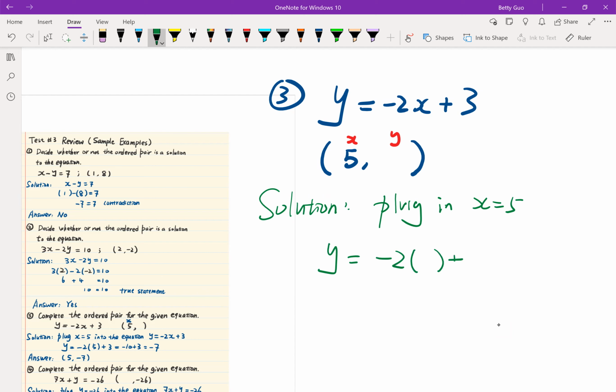-7? Awesome. So Ian, what should I put in the parentheses? X was there in the equation. What should I put in the parentheses? 5. What is -2 times 5?